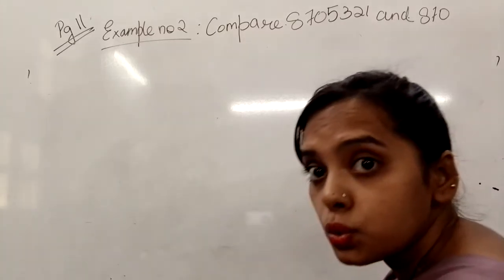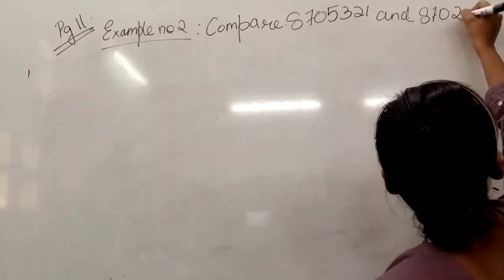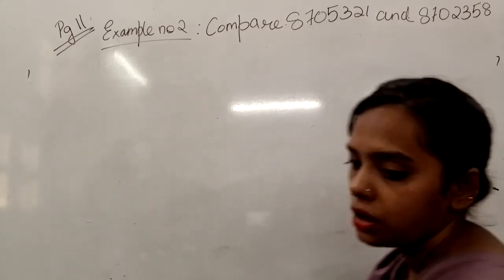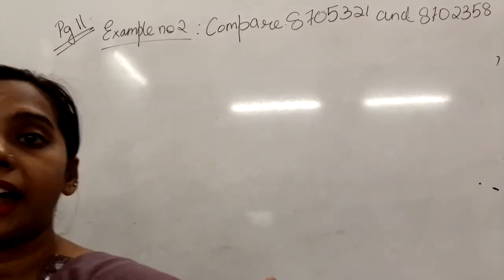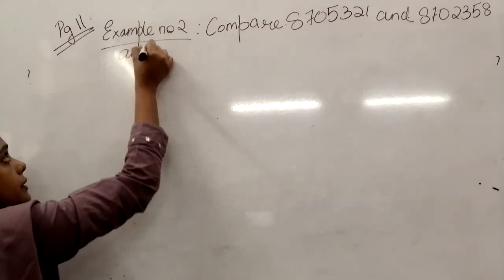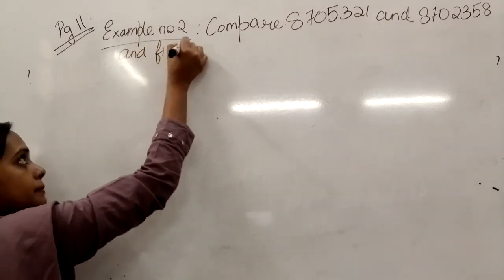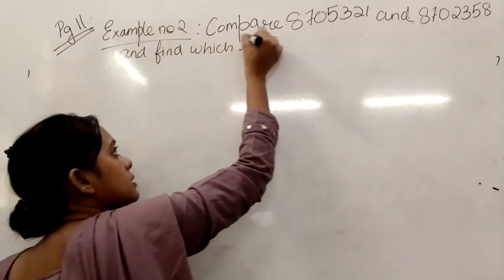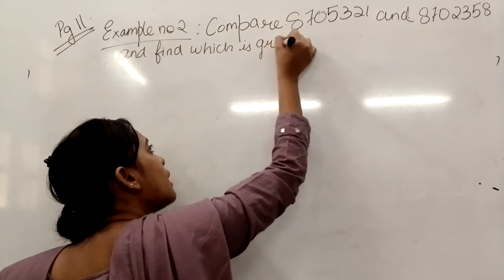Okay, the number is 2358. You have to compare these numbers and find which is greater.